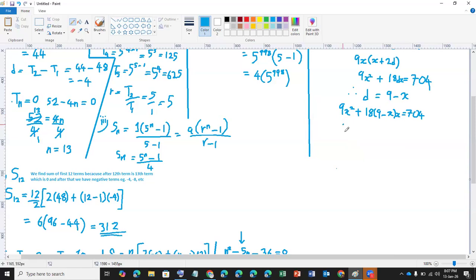Okay, so let's see how things will turn out if that plays out well. 9x squared plus 162. Yes, 18 times 9. What did you get?